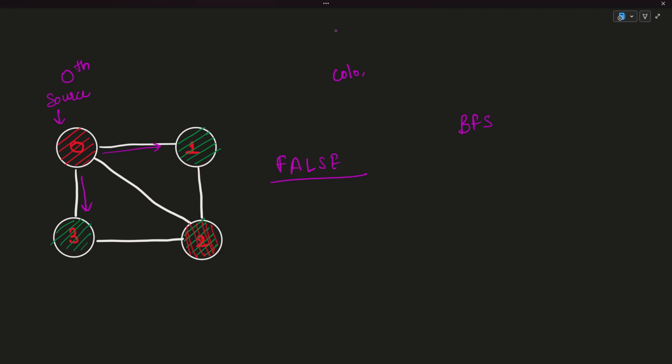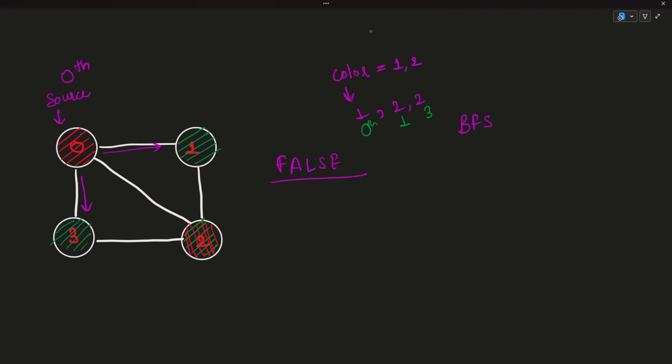Let's say we are going to use two colors, 1 and 2. The source node is filled with color 1, so adjacent nodes will be filled with color 2. So this is the 0th node, this is the first node, and this is the third node.